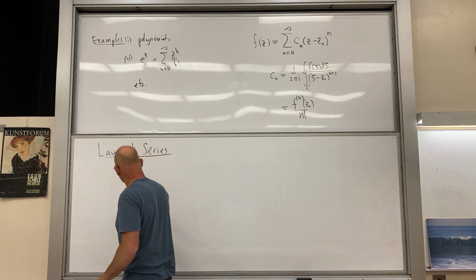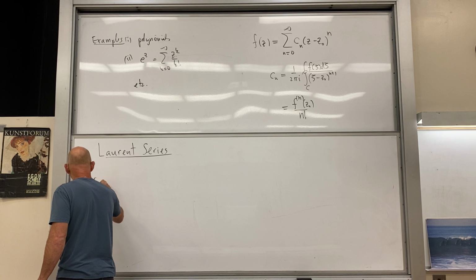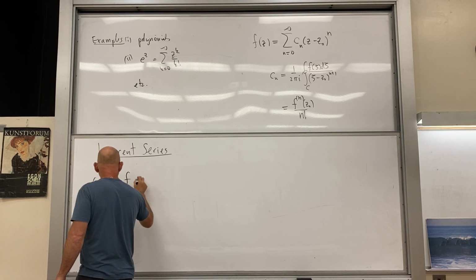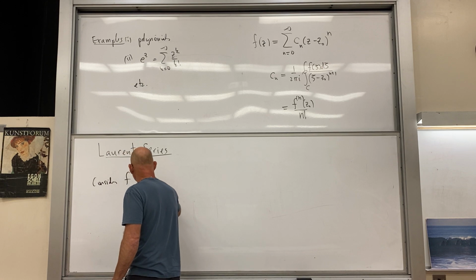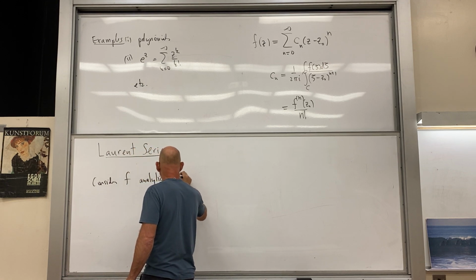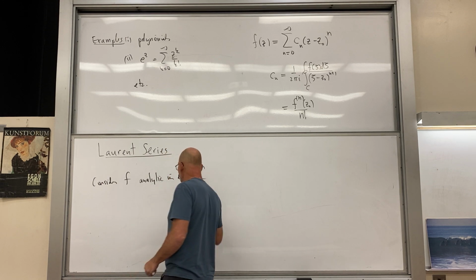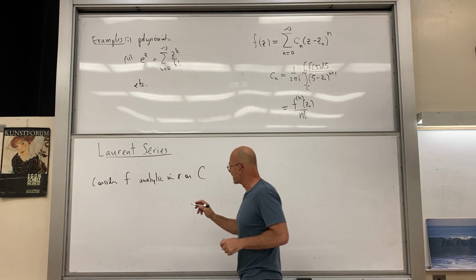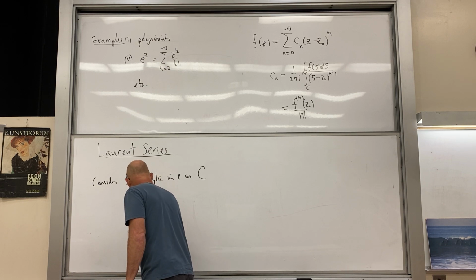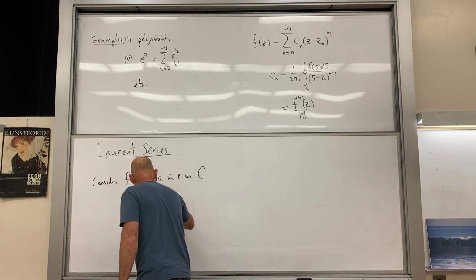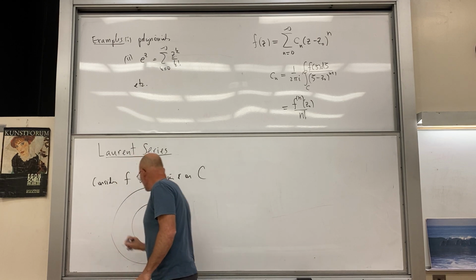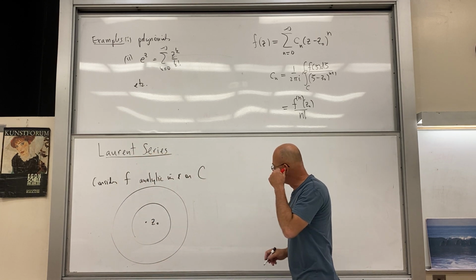And what we're going to do is consider f analytic in and on C. I'm going to define this contour carefully. So we'll put z sub 0 at the center of two concentric circles again, okay, but with a bit of a twist.